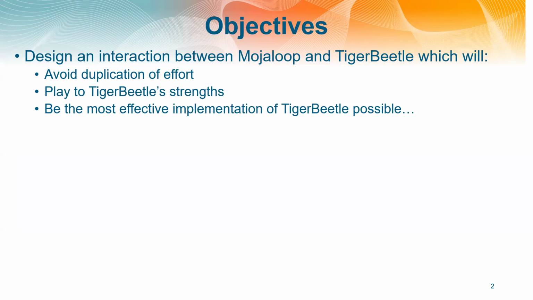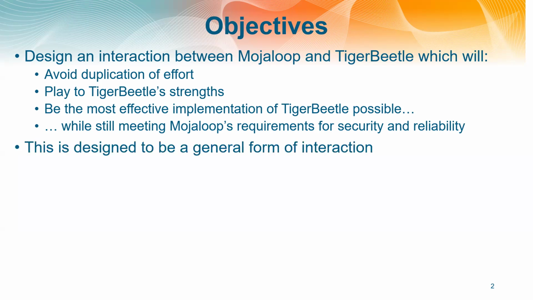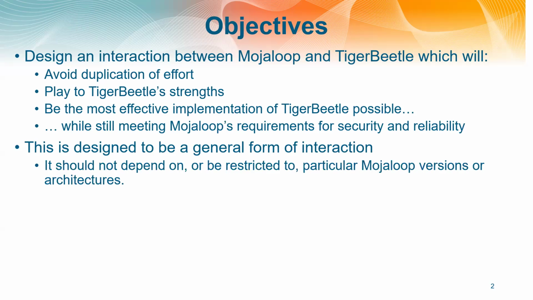And we want it to be the most effective implementation of TigerBeetle that's possible, while still, as I say, meeting Mojaloop's requirements for security and reliability. And I should also say that this is designed to be a general form of interaction between TigerBeetle and Mojaloop, and it shouldn't depend on particular Mojaloop versions or architectures.